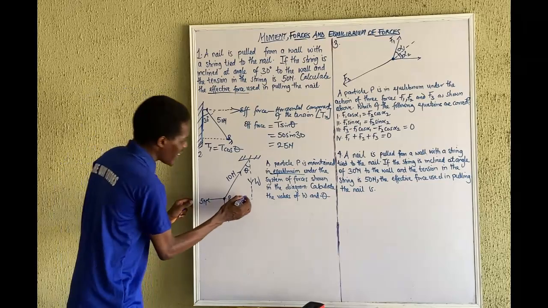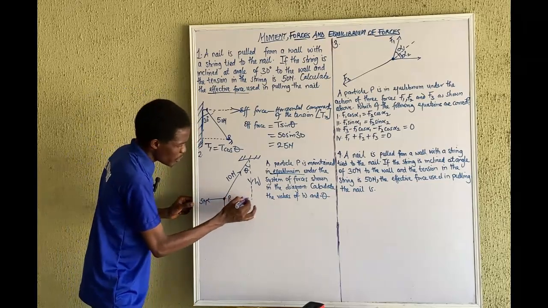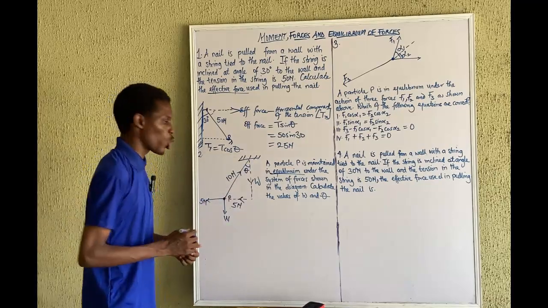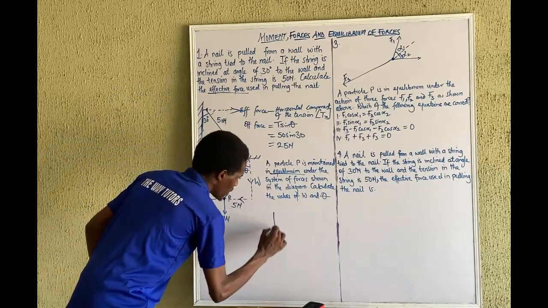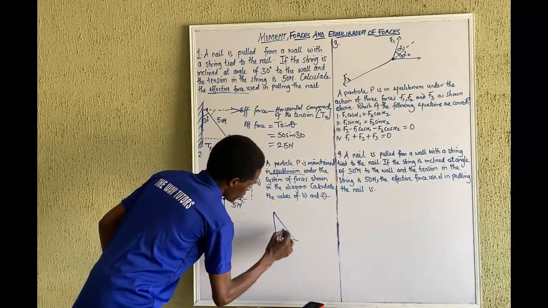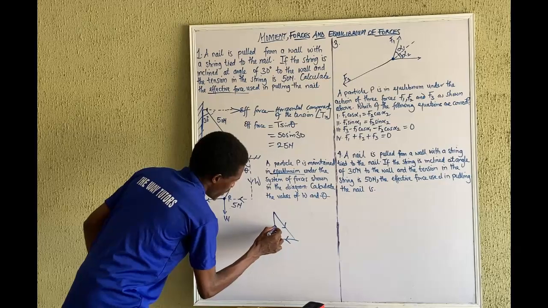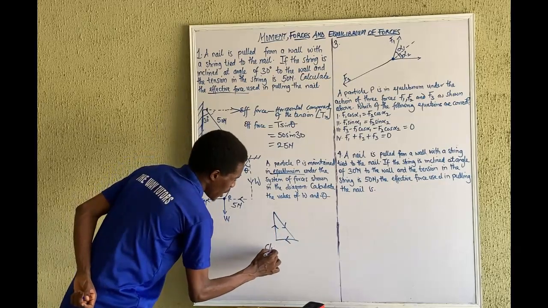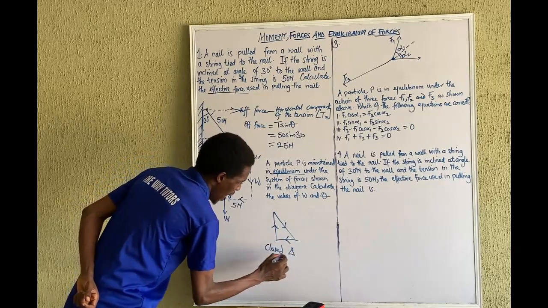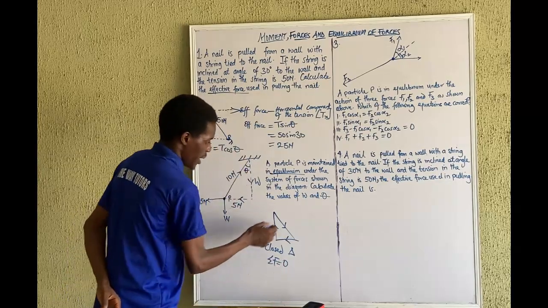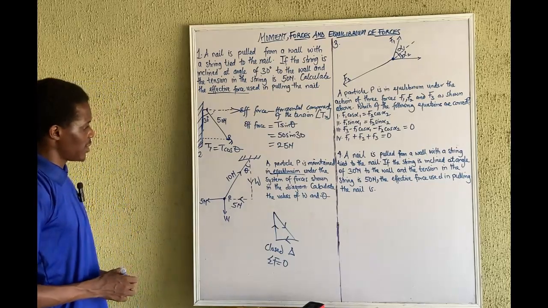You can see the direction of the arrows. It goes like this, then up, then comes down, such that you have a closed triangle. And the summation of all the forces equals 0 in a diagram like this.